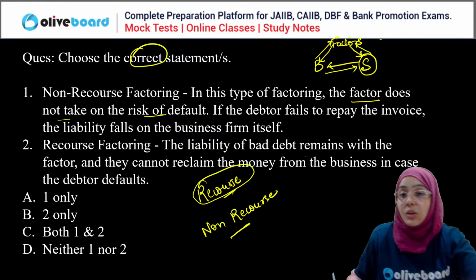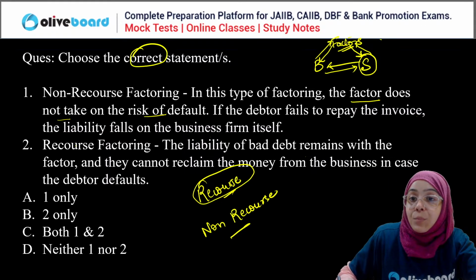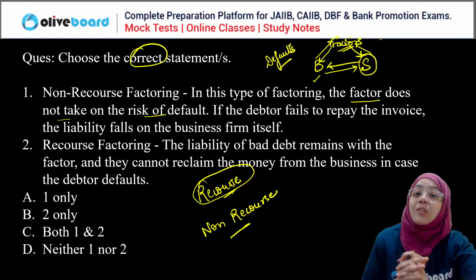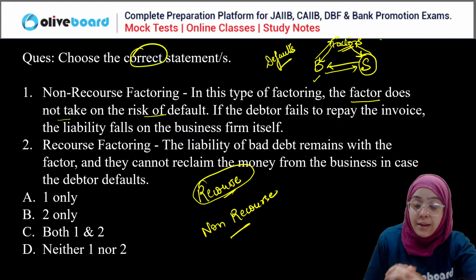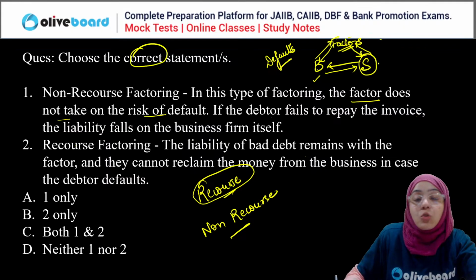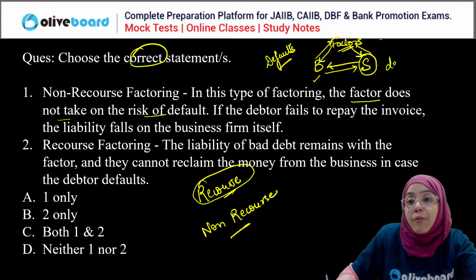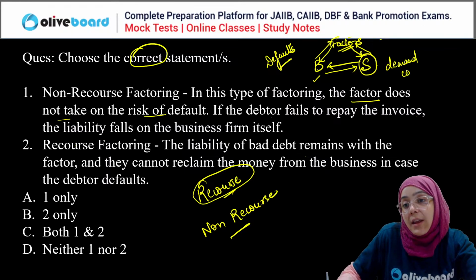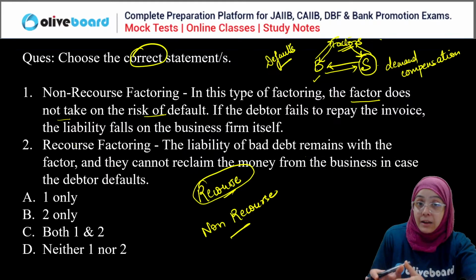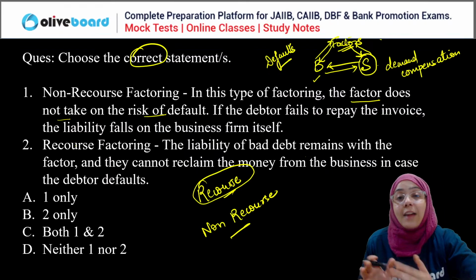Now, in this condition, when the factor presents the bill of exchange to the buyer, if in this step the buyer defaults on payment, the factor goes back to the seller and demands compensation, because the factor says, I have given you the immediate payment with this bill of exchange, but now this bill of exchange has actually defaulted.